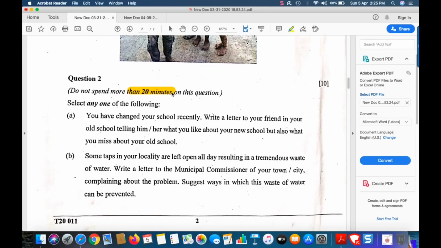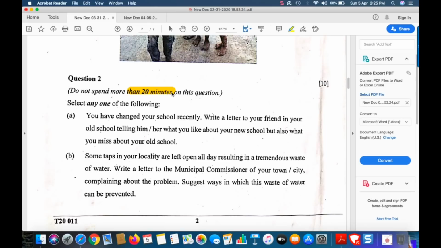Select any one of the following. A. You have changed your school recently. Write a letter to your friend in your old school telling him or her what you like about your new school, but also what you miss about your old school.